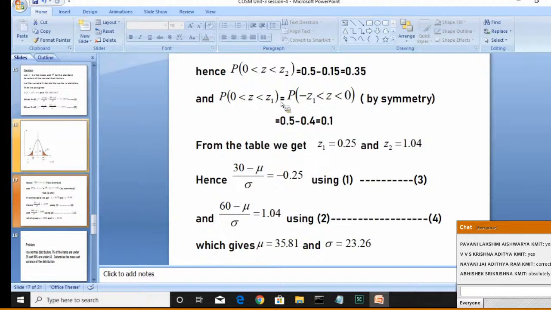Similarly, I have shown in the figure that from minus Z1 to 0 it is 0.1. Because of the symmetry, we can write it as 0 less than Z less than Z1. Whether these two lines are understood or not, you check it. These two lines which I have written, is it clear?